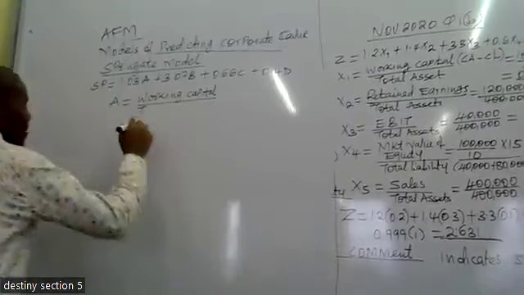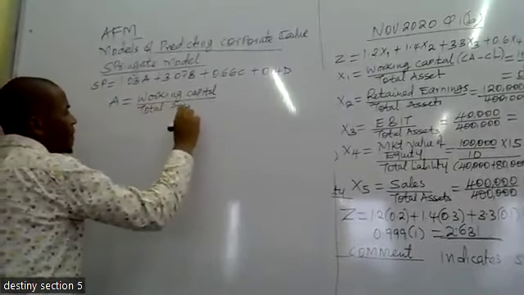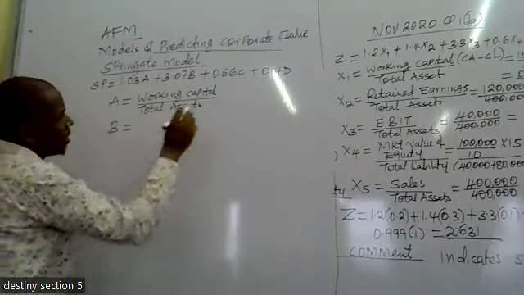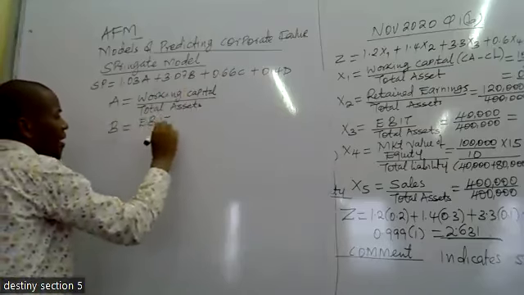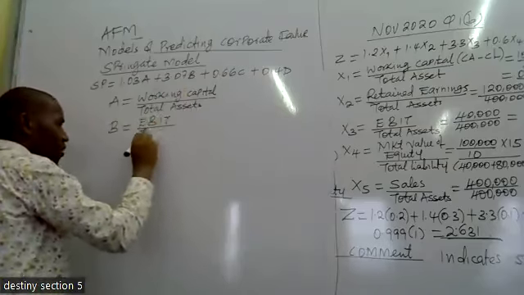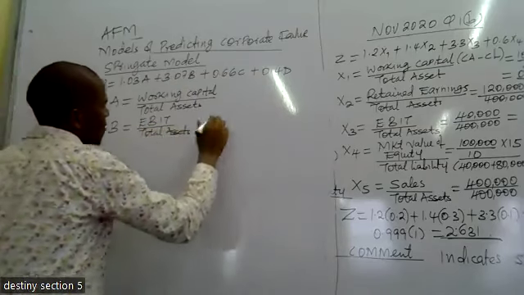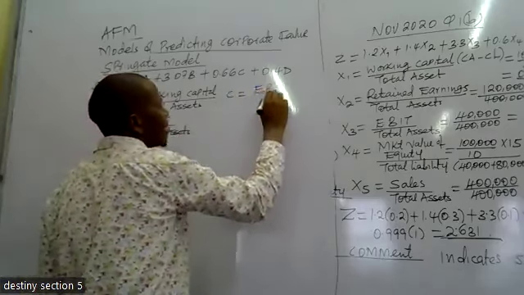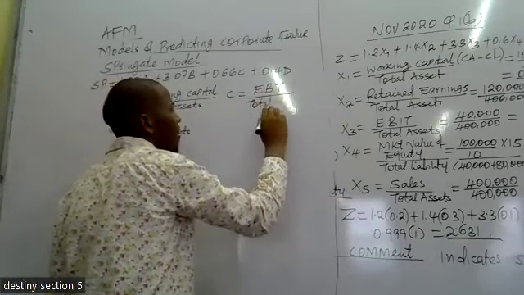Now, this will be over the total assets. B in this case will be earnings before interest and tax over the total assets. C will be given by earnings before tax over the total current liability.